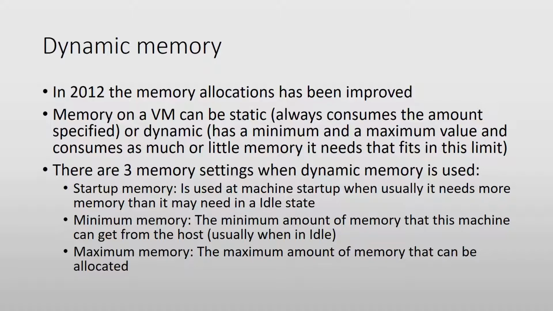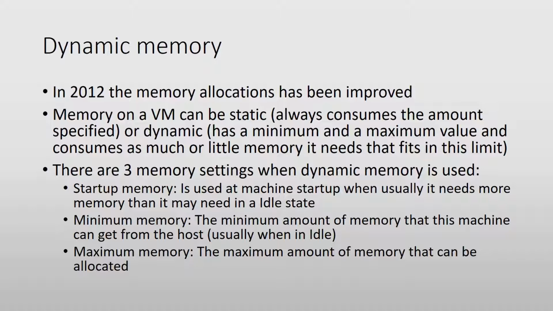So first there is the startup memory, which is the memory that a machine is allocated when it starts up, maybe in the first minute or so, because usually a machine needs more RAM at startup than it needs when it is in the idle state.